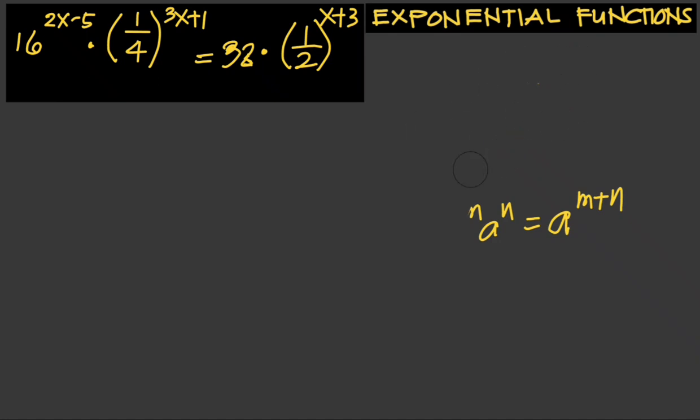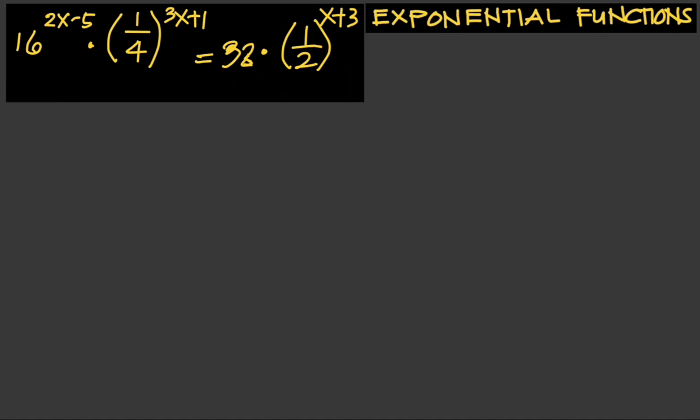Okay, let's try solving this problem here. We're given 16 to the power 2x minus 5 times 1/4 to the 3x plus 1 equals 32 times 1/2 to the x plus 3. So how are we going to solve this? We have to write everything in a common base. So we need to simplify first those that are fractions.